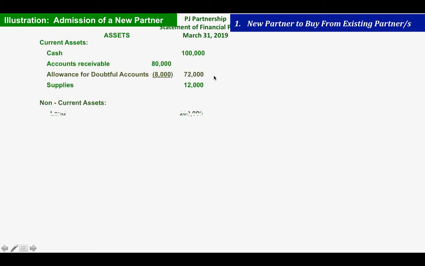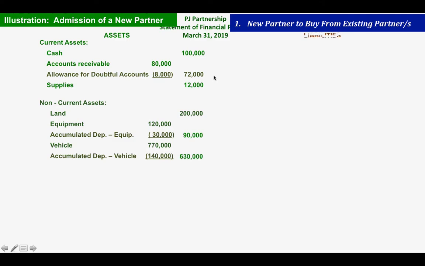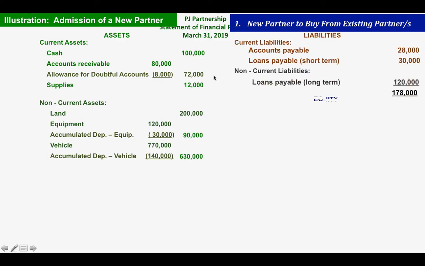The PJ partnership has adjusted the statement of financial position to reflect the asset revaluation, as we have discussed, and with the distribution of profit and closing of the drawing accounts, so there were changes in the capital structure.